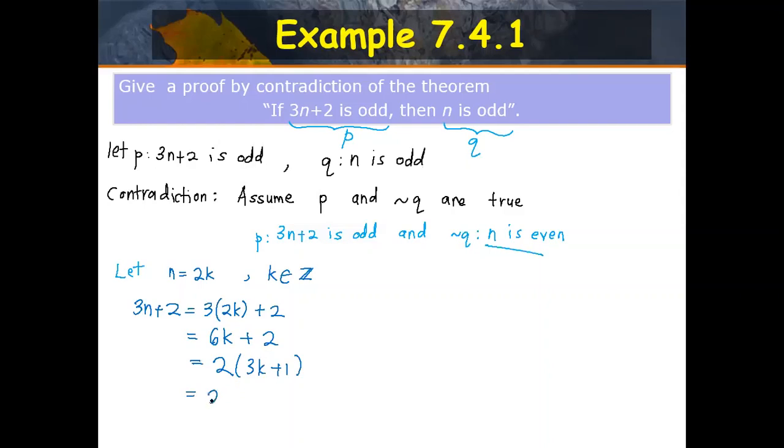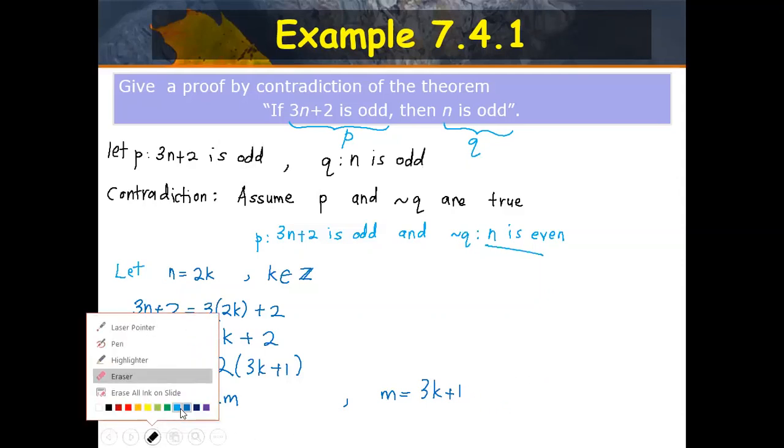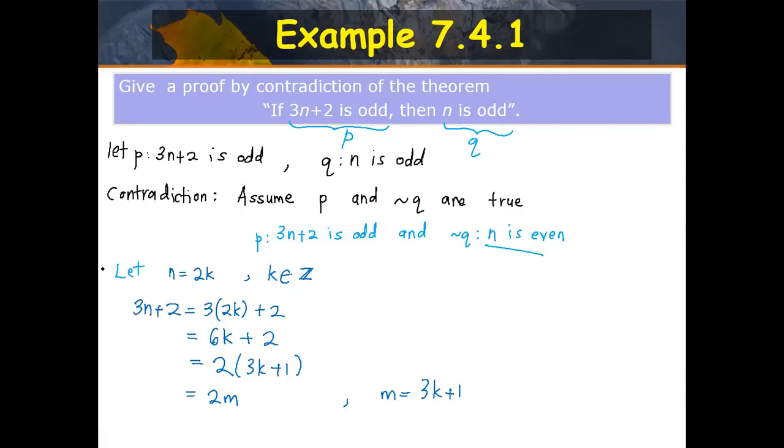So now you have 2m. Again, every time you use a new term, please define it. What is m? m is 3k plus 1, which is an integer.